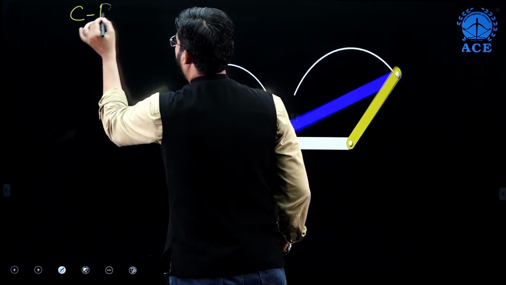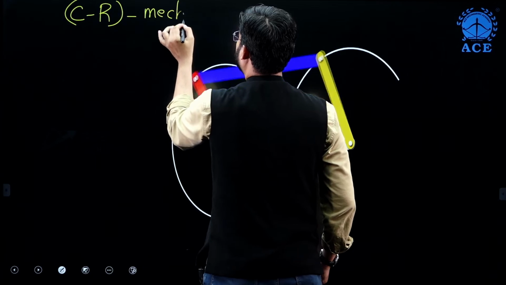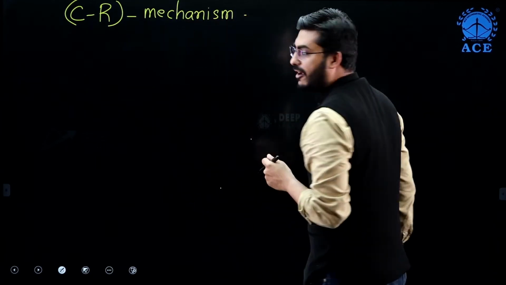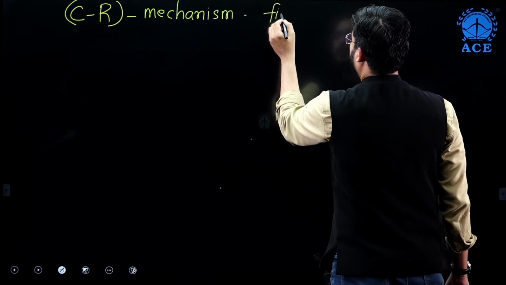This is the crank-rocker mechanism, and we have fixed the link adjacent to L minimum.